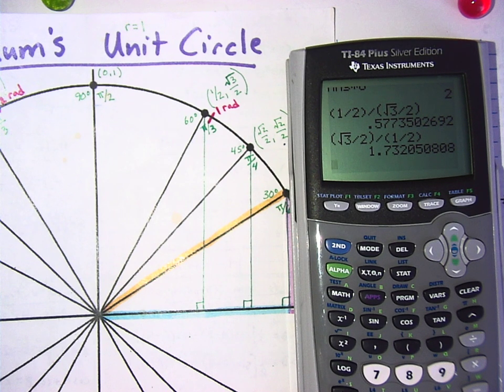Does everybody know how to get out of that square root? Yeah, you press the right arrow to get out of the square root when you're under it. There we get 1.73.